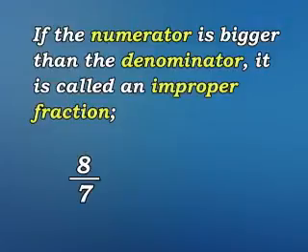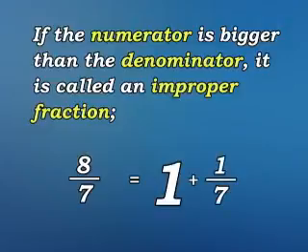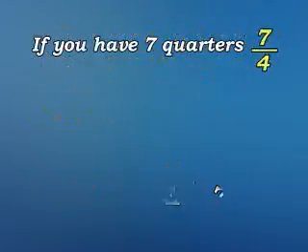And 8/7. How many sevenths do you need to make a whole? 7, of course. So 8/7 is the same as 1 and 1/7. Get it? It's not really difficult.